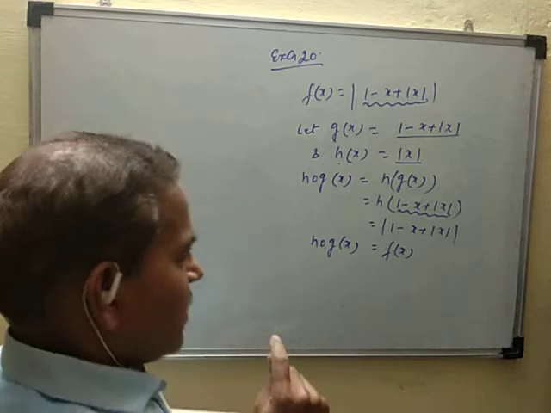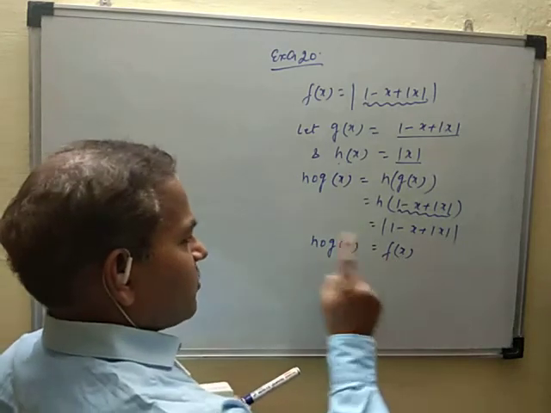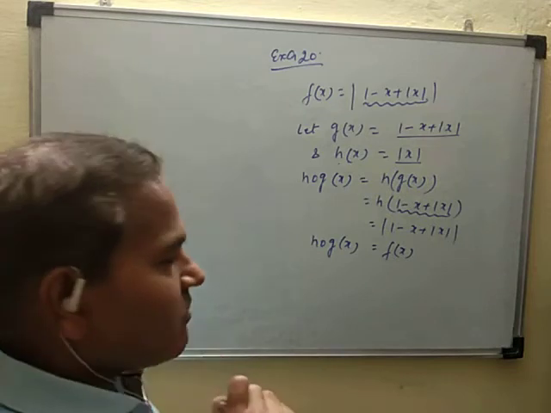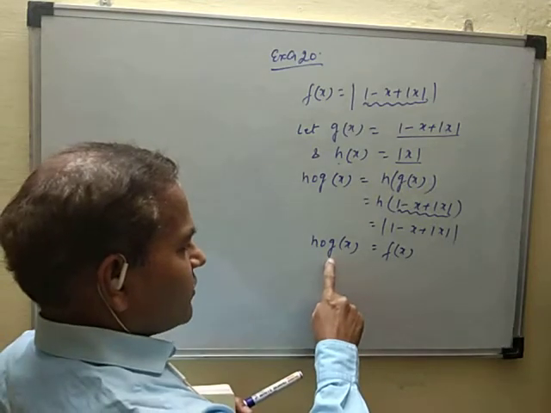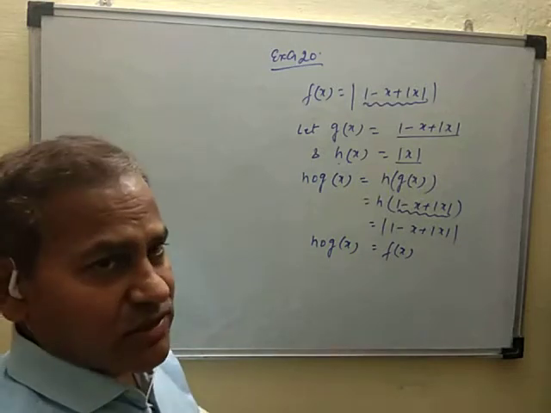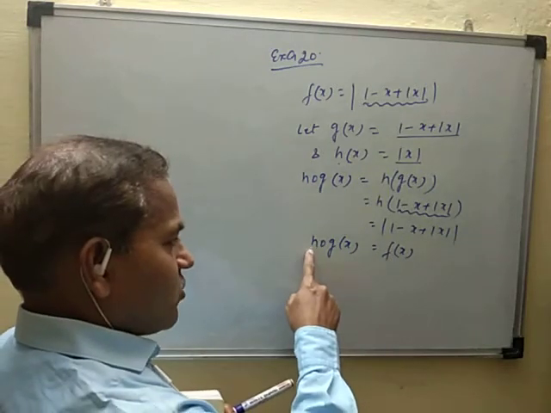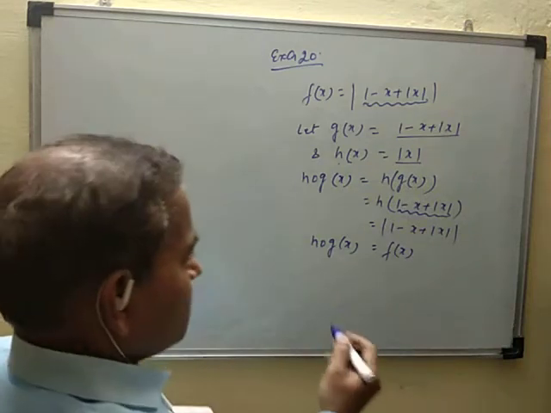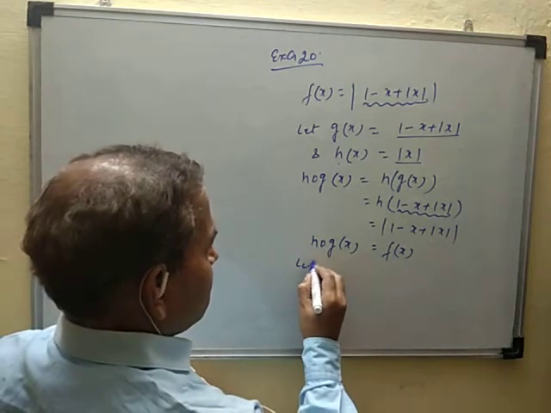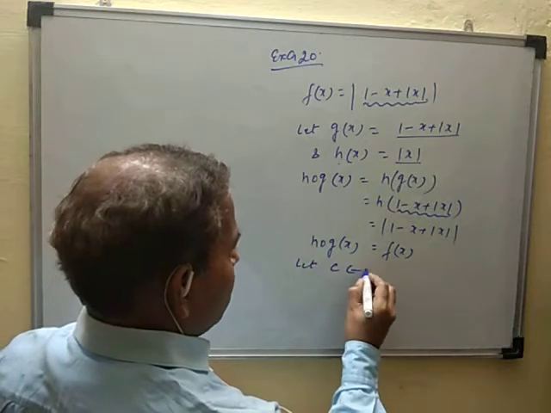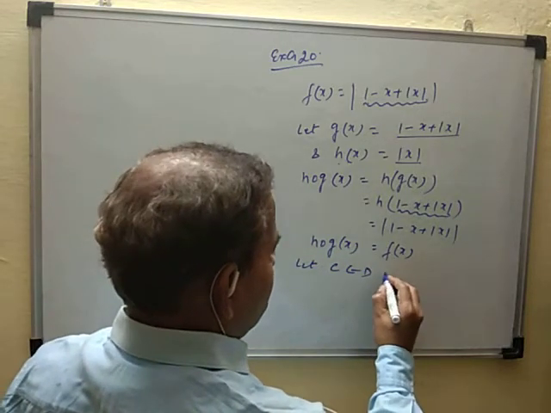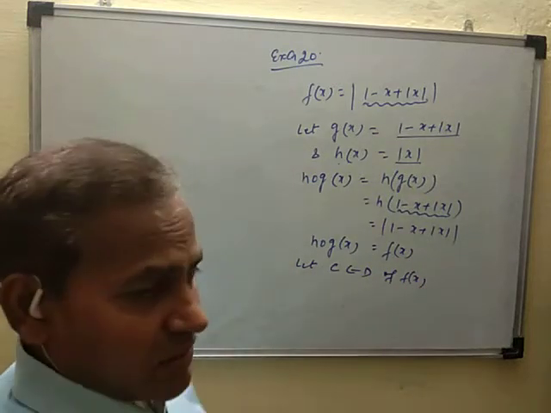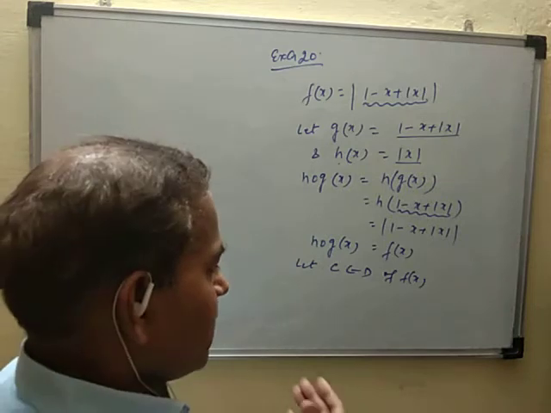Now show that f of x is continuous at any real number c. For this we have to show that g of x is continuous at c and h of x is continuous at g of c. So let c be any real number, any point in the domain of f of x, and the domain is the set of real numbers.